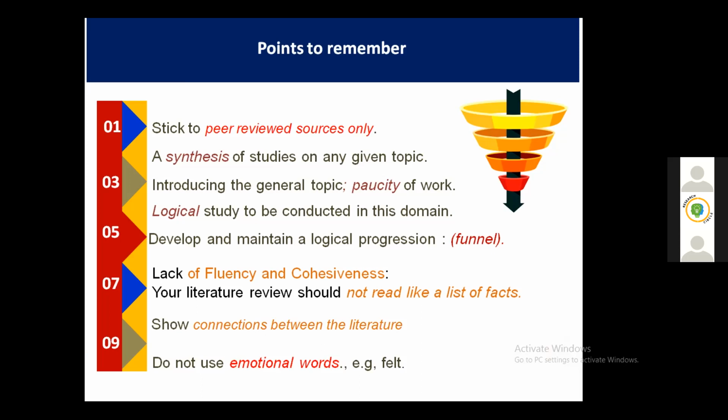That also you have to include in your review. Develop and maintain logical progression, the funnel. Developing and maintaining logical progression means you are starting from some particular position, and at different points of time the ideas are filtered out. Finally, it comes to a single entry.